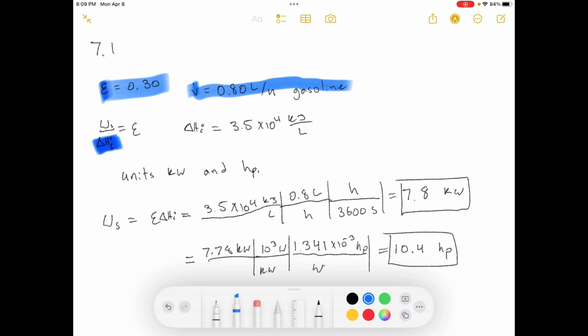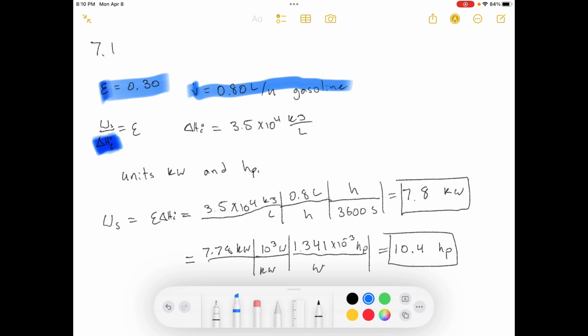Basically what heating value is, you combust a gasoline and it gives off a certain amount of energy. Or it doesn't have to be gasoline, it could be any fuel. You combust a certain amount of fuel and it gives a certain amount of energy, all right? Well, they told you that 30% of that energy becomes work.